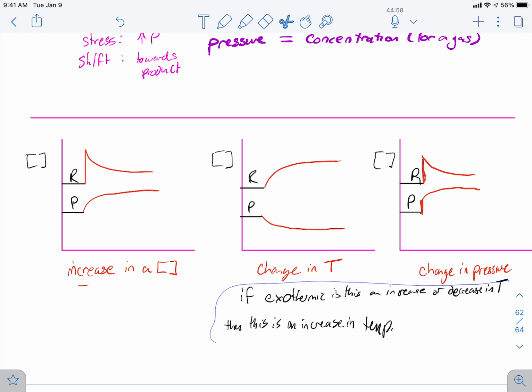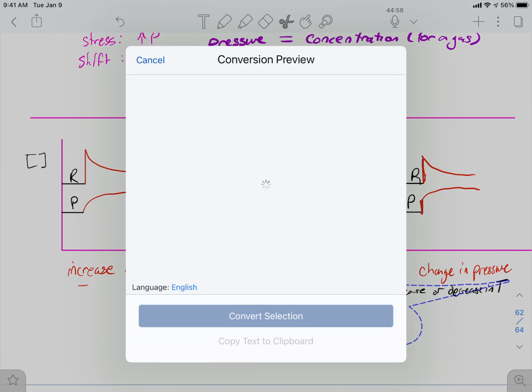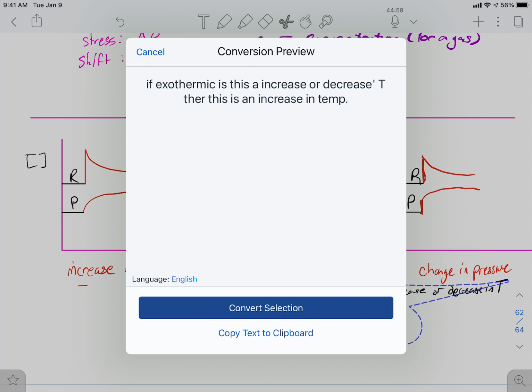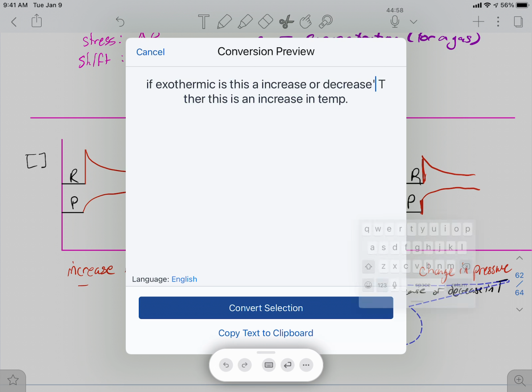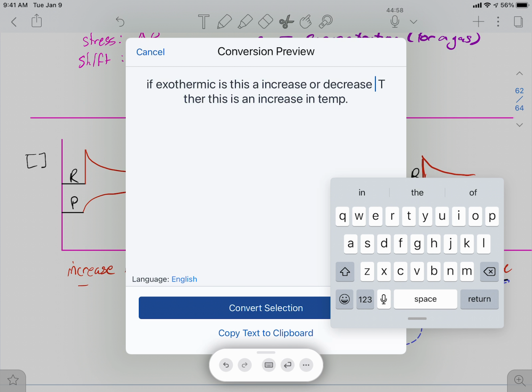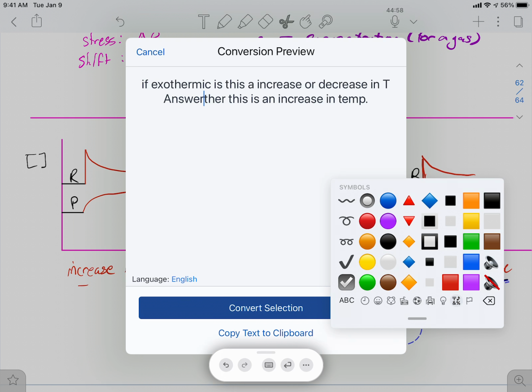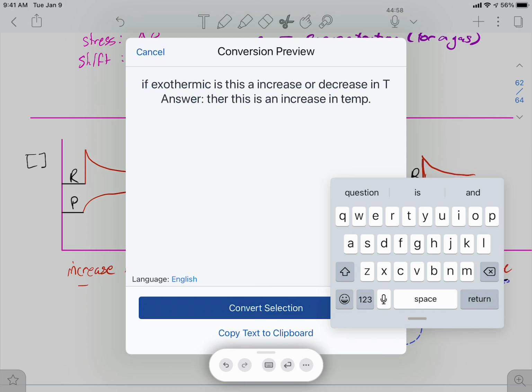Maybe I will convert this to text, just text so we can see it. Is this an increase or decrease in T? And then we'll call this answer. Oops, not an emoji.